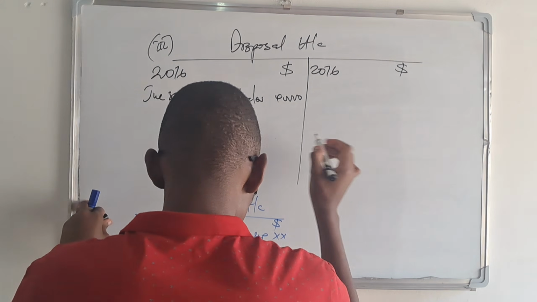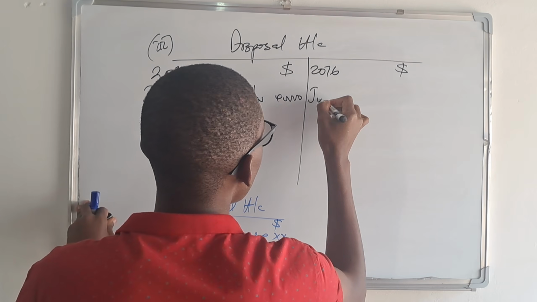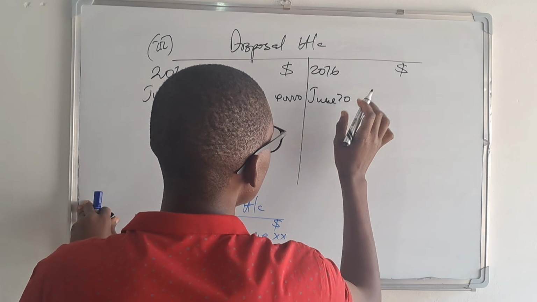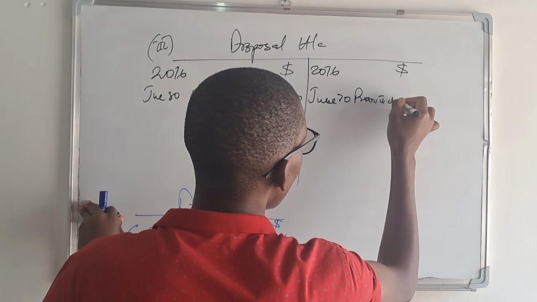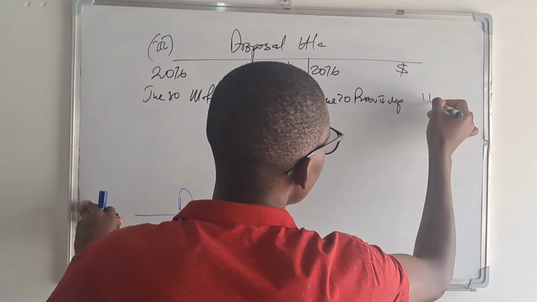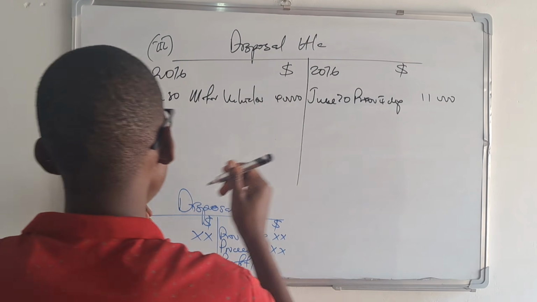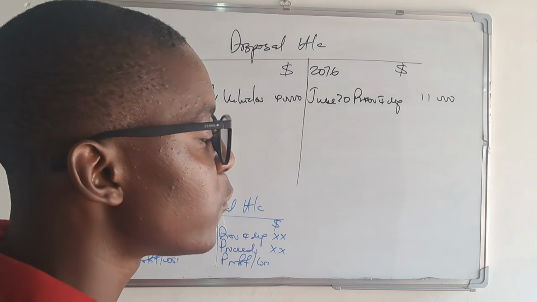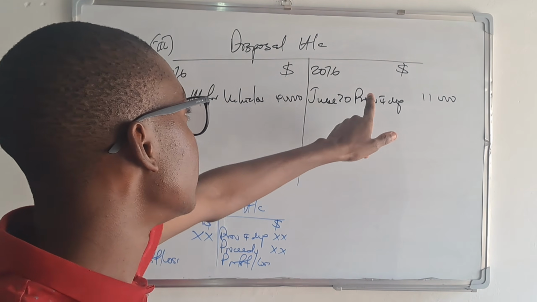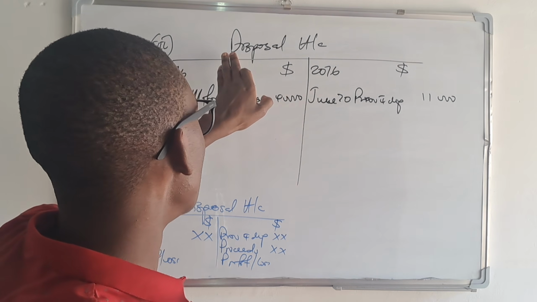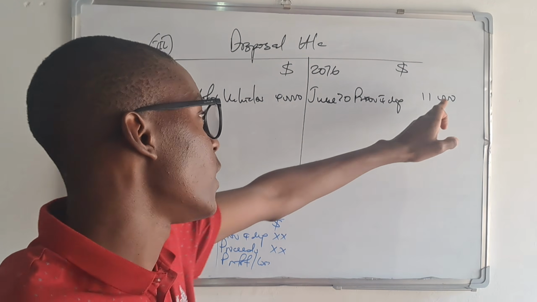Then the provision for depreciation, open. This transaction took place on June 30. The provision for depreciation was 11,000. This figure, if you go back to the provision for depreciation account on the debit side, we wrote down disposal of 11,000.